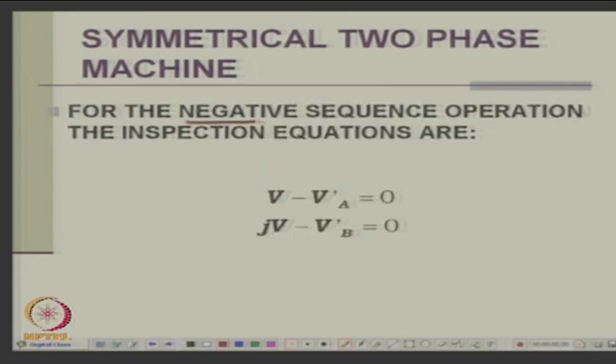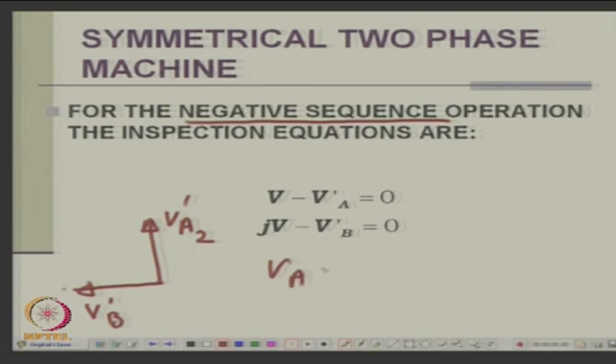Now, if you repeat it for negative sequence, what is the negative sequence? If this is VA, let us say VA2 dash, what will be negative sequence will be here. Okay. So VA dash, let us say is V, then VB dash will be jV in negative sequence, right. So you can do the same calculation.